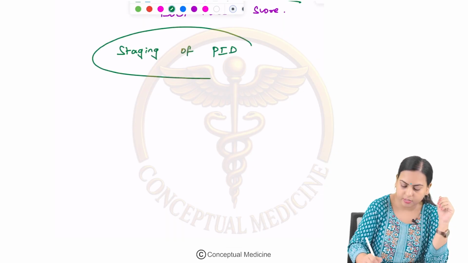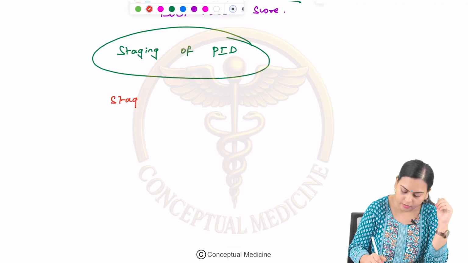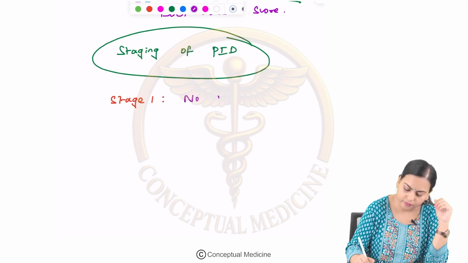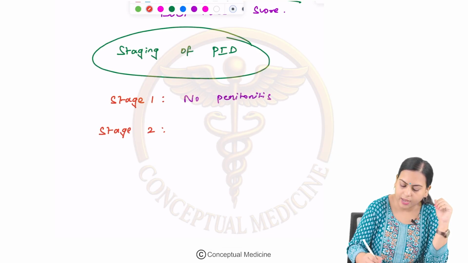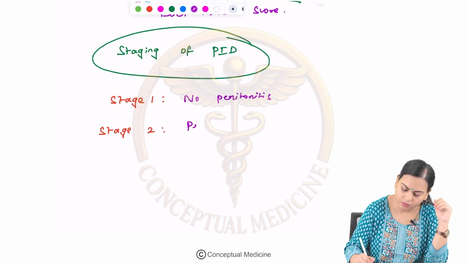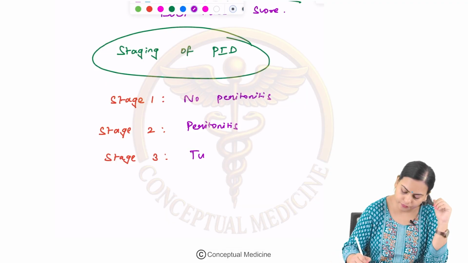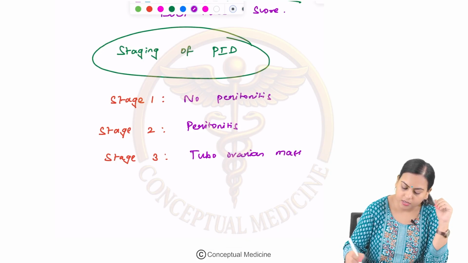Okay. Let's see the staging of pelvic inflammatory disease, how this will progress. Stage 1 is where there is no peritonitis. Stage 2 will have peritonitis. Stage 3 will be having a tubo-ovarian mass.